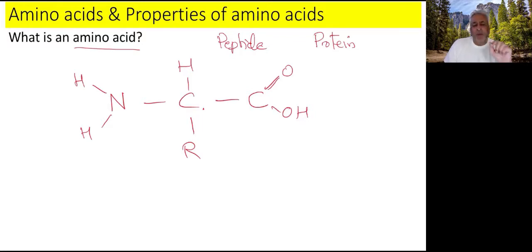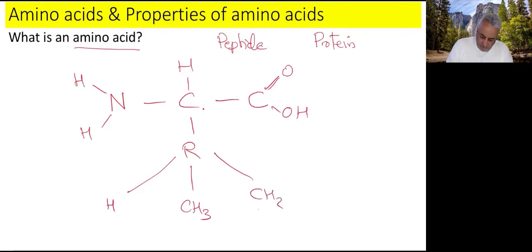So if an amino acid is akin to a Lego brick, then we can say that we have 20 different colors of Lego brick to choose from, each representing a different R group. Okay? So the R group down here could be a simple hydrogen, or it could be a methyl group, or it could be two methyl groups, etc., etc., etc.